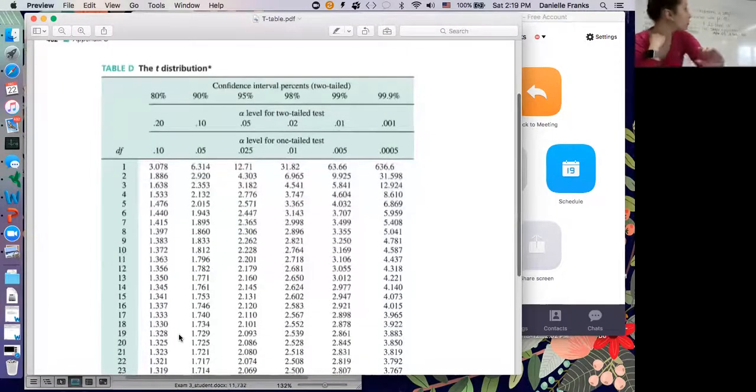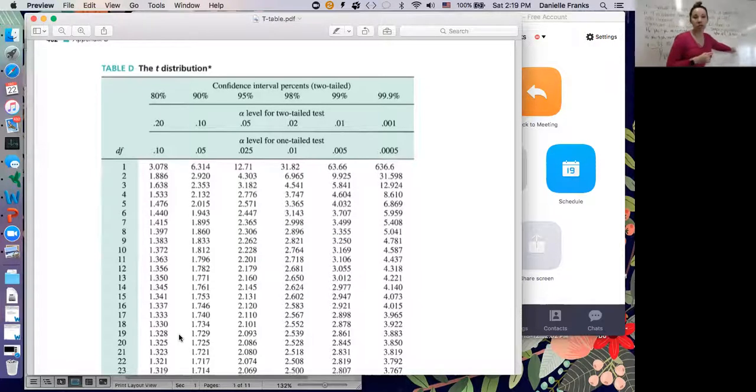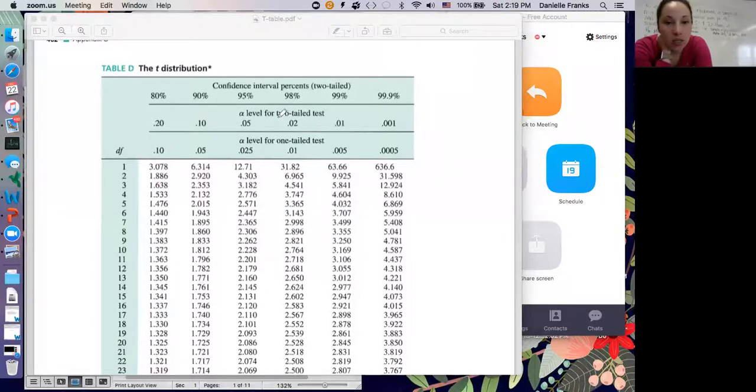So I told you earlier that we are doing a two-tailed test and that our alpha level is 0.05, and we found that our degrees of freedom is 8. So we have all those pieces together. Let me annotate here. We were doing a two-tailed test, and our alpha level is 0.05, so we want this column here, our 0.05 alpha level.